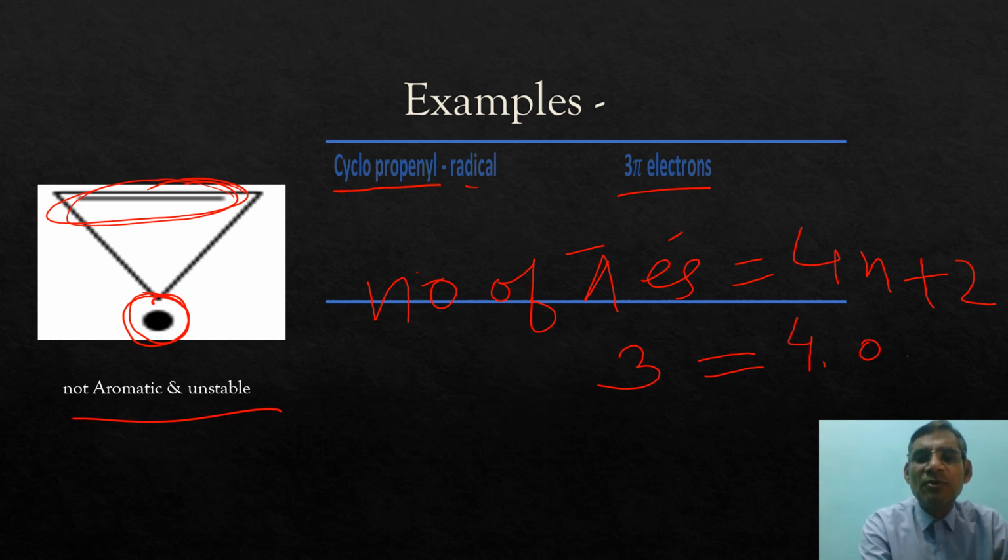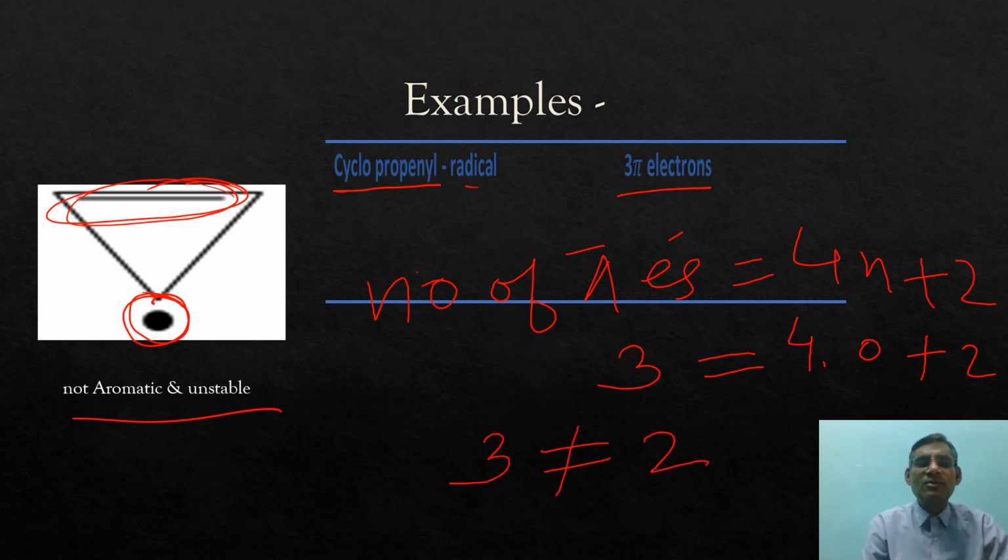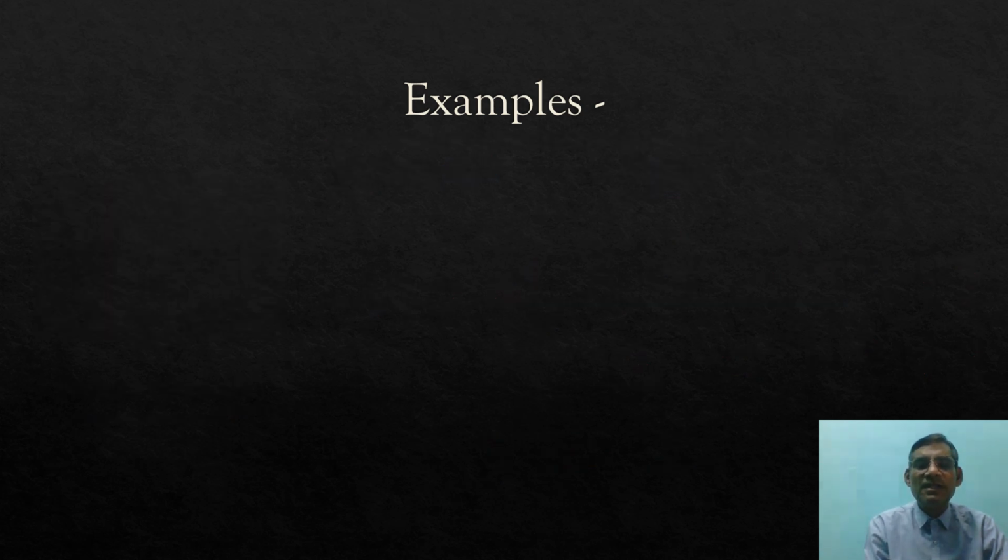So 4 into 0 plus 2: 4 into 0 will be 0, plus 2 will be 2. So 3 can't be equal to 2. That means Hückel's rule is not followed. And like this, the anti-aromatic Hückel's rule is also not followed here. So this will be not aromatic and this will be unstable in nature.